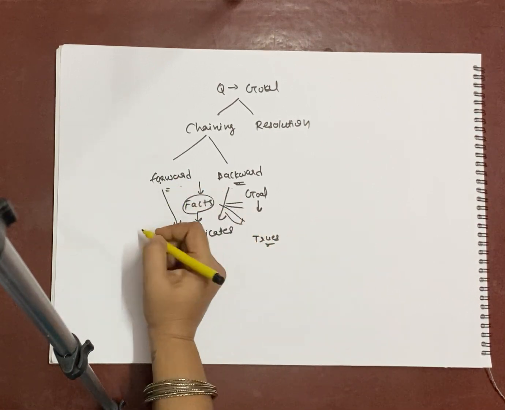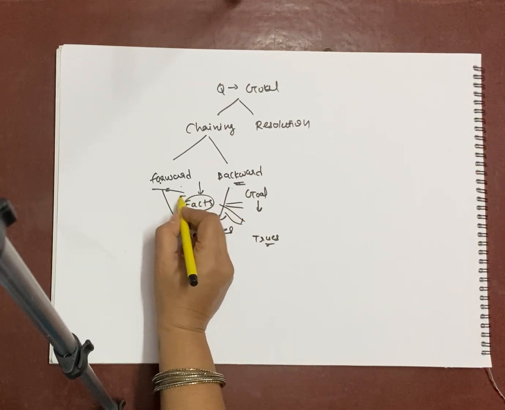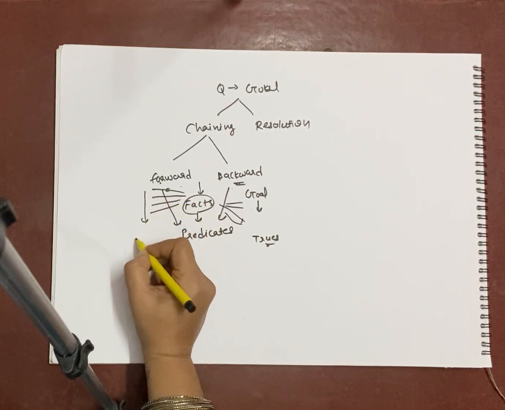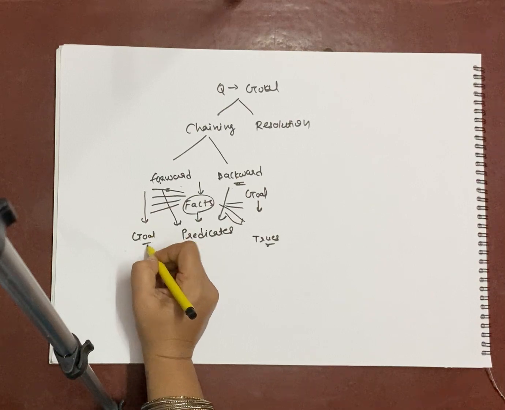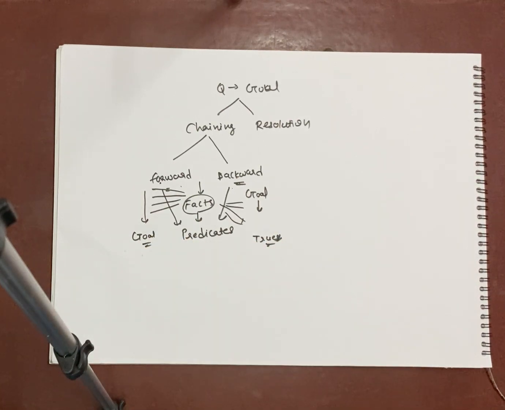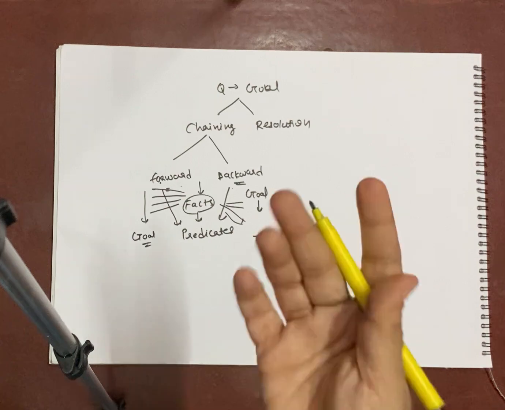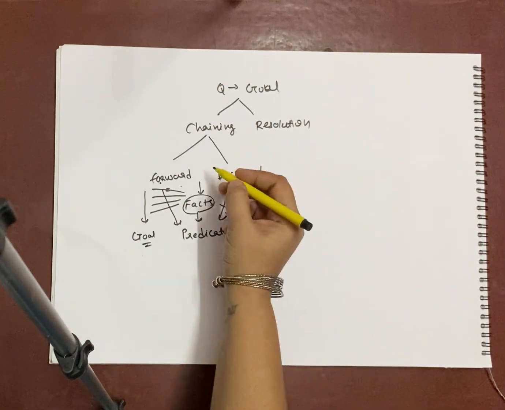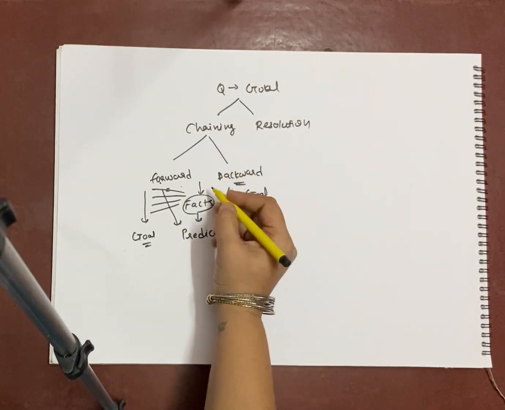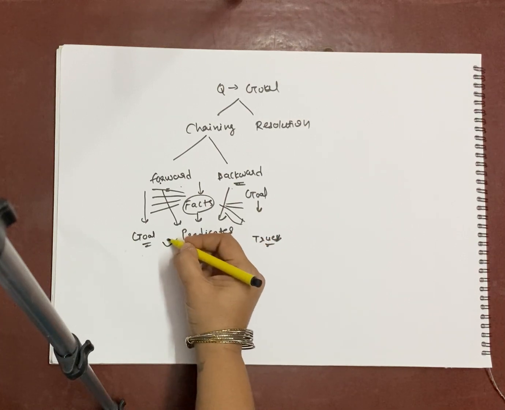In forward chaining, we use all the facts and, using those facts, we try to prove that the goal is correct, right? So this is how forward chaining and backward chaining work. We have also seen examples of how we can convert facts to appropriate predicates, which is very important.